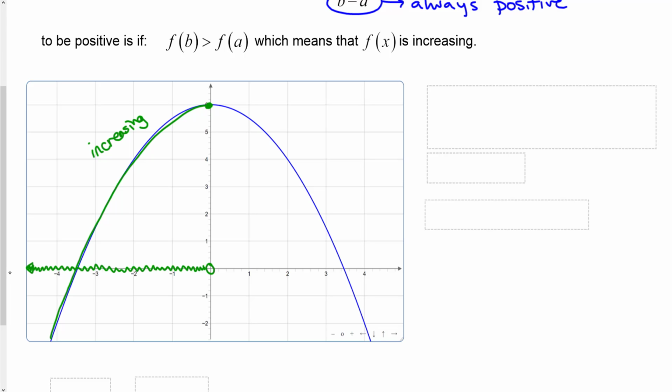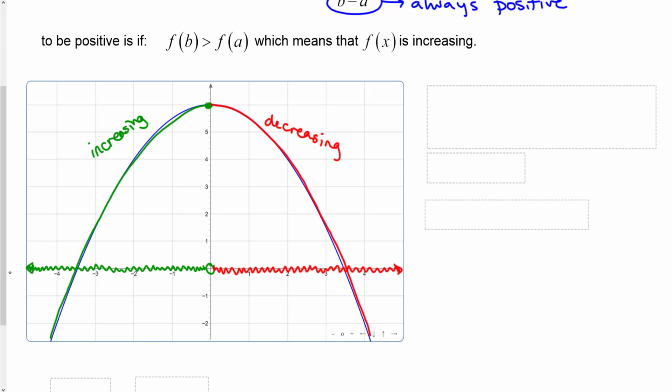Now, on the other side of this point, the function is entirely decreasing because the y values are getting smaller. So on the x-axis, that's this interval right over here.